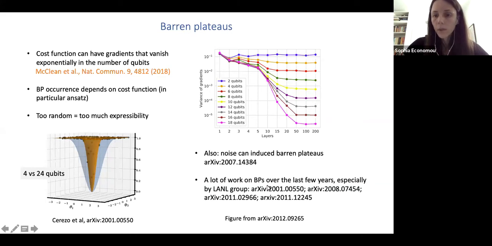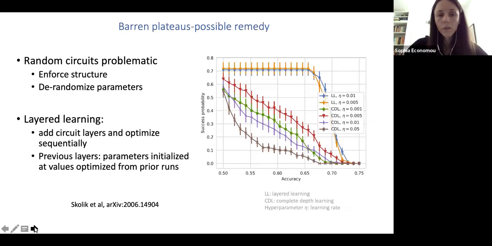There's been a lot of work recently on this barren plateau problem, especially from the Los Alamos group. So I have here some references for people who want to look at that. There was also an interesting paper about a year ago now that showed that you can possibly overcome this issue by enforcing more structure in your algorithm, specifically this layer-wise learning.